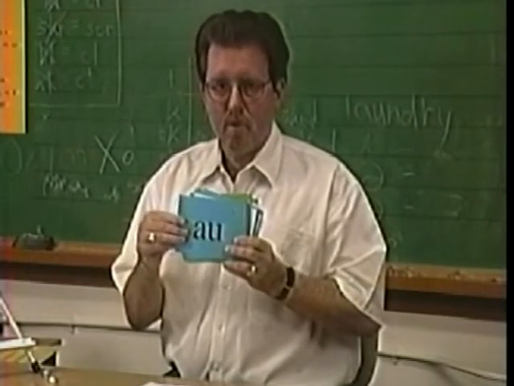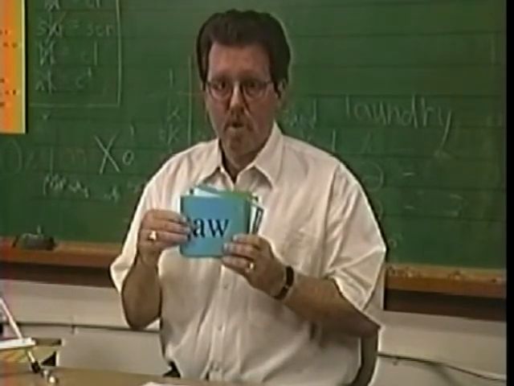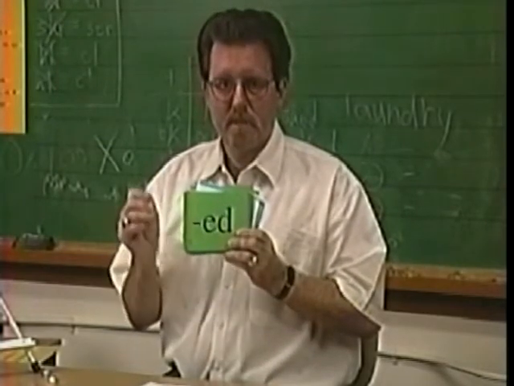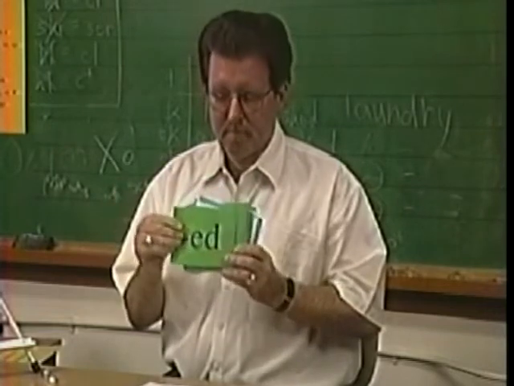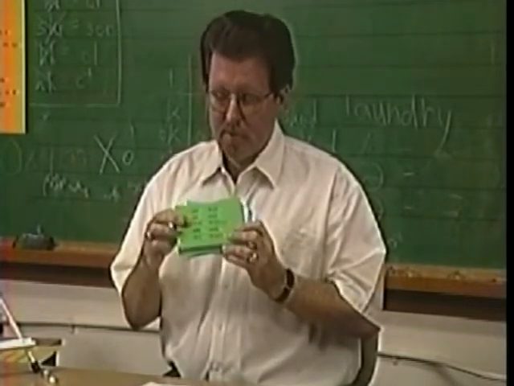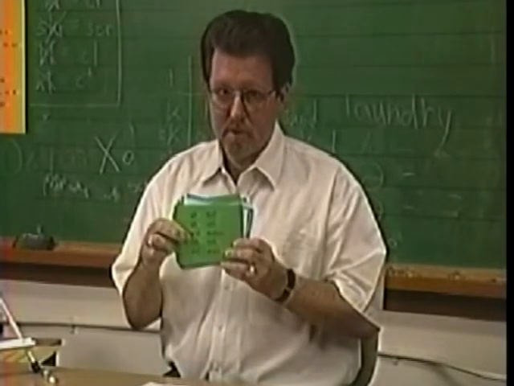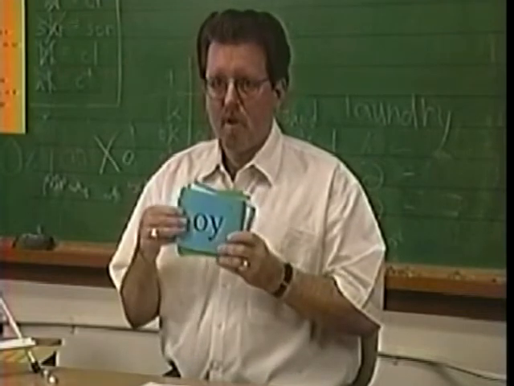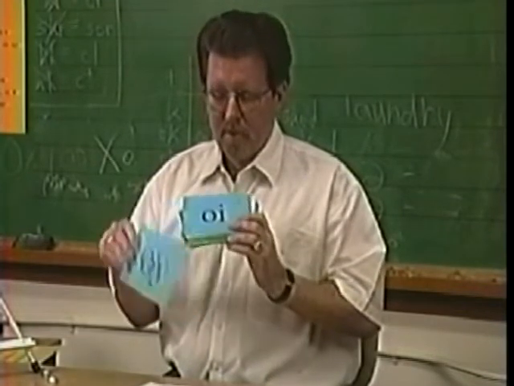AU, August, awe. AW, awesome, awe. ED has three sounds, id, t, and d. All, ball, alt, salt, wall, walrus, awk, talk, wah, want. Special sounds for those. OI, boy, oi.